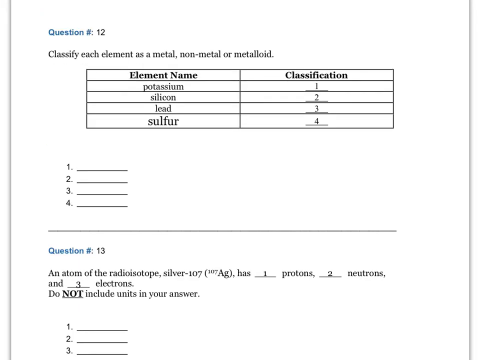Question 12. Classify each element as a metal, nonmetal, or metalloid. Potassium, blank 1, is a metal. Silicon, blank 2, is a metalloid.